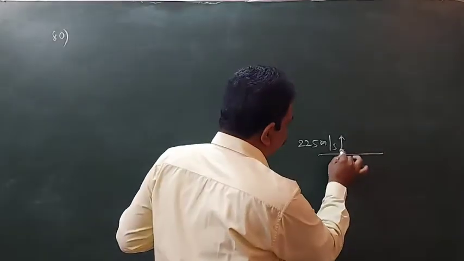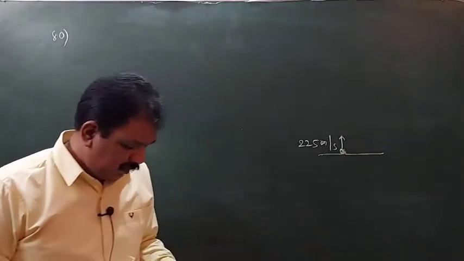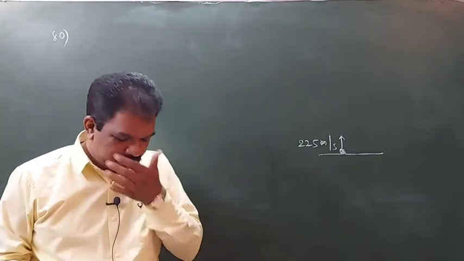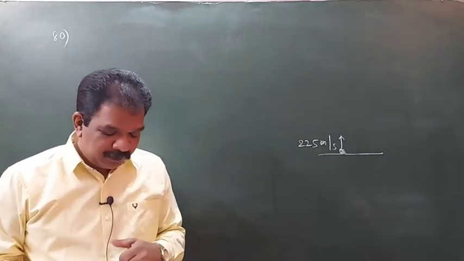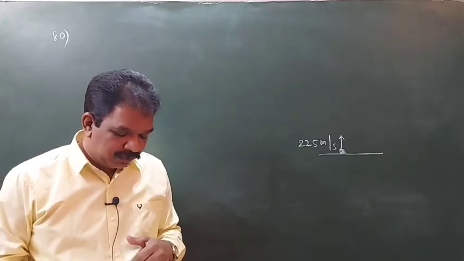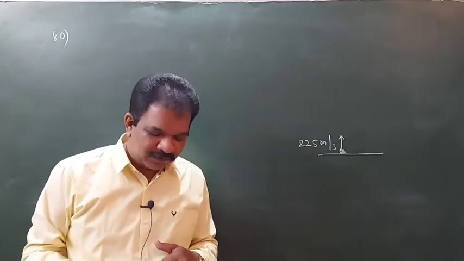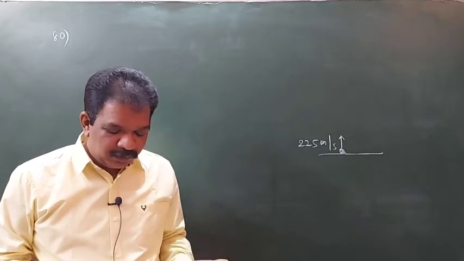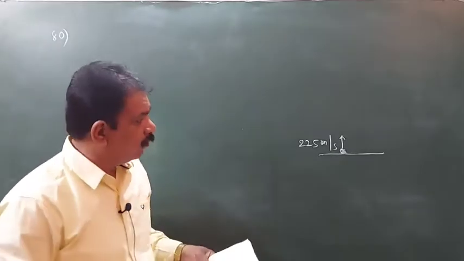After how much time is the shell at a height of 6.2 × 10² meters, that is 620 meters above the ground, and moving downward?